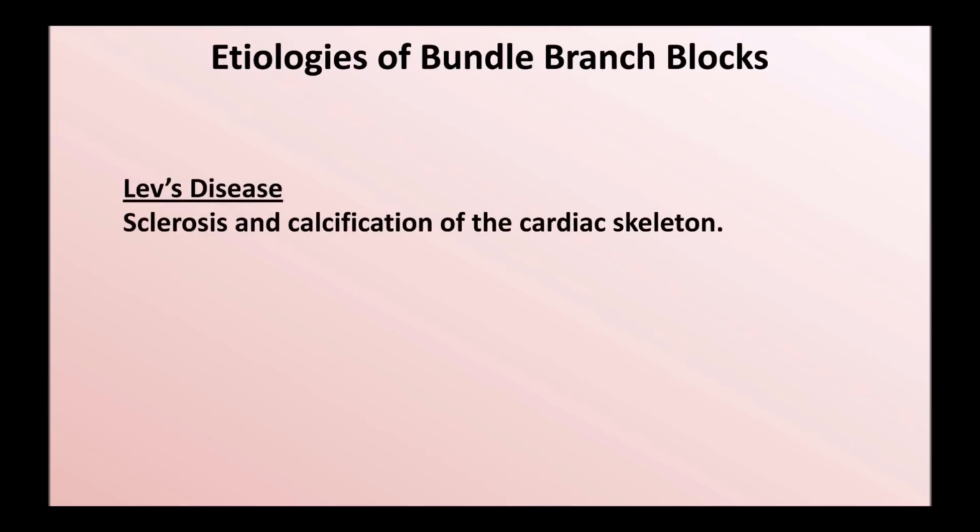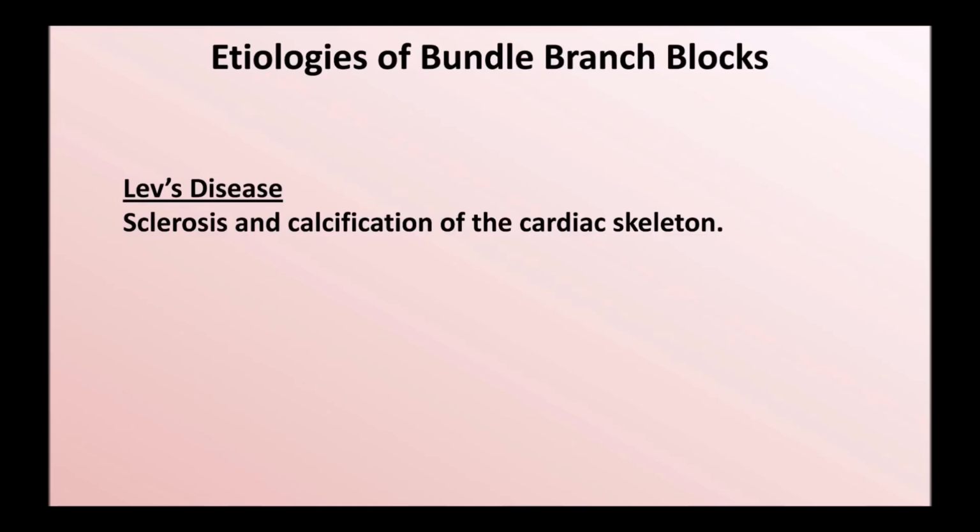There are two conditions which sometimes come up during discussion of bundle branch blocks. These are names ascribed to largely overlapping syndromes of idiopathic block. First is Lev's disease. This is sclerosis and calcification of the cardiac skeleton. It manifests predominantly in the aortic and mitral rings, and only becomes problematic when that pathologic process begins to extend into the conduction system.